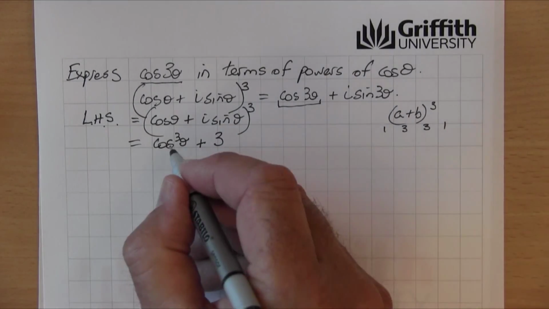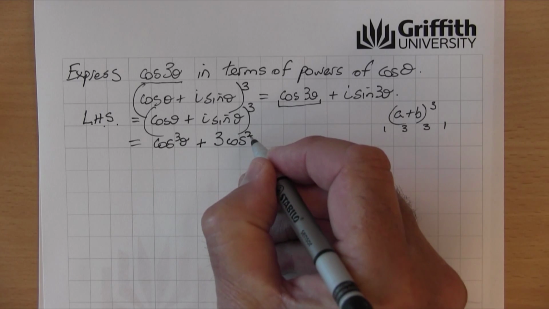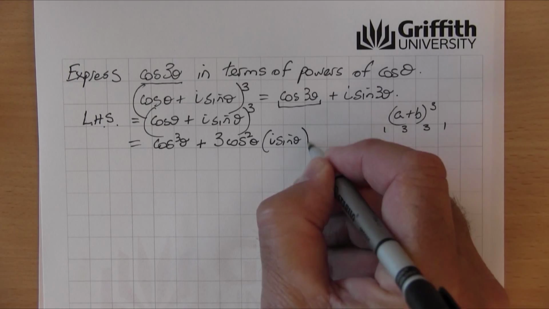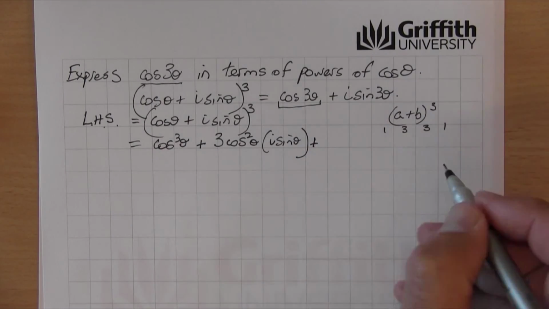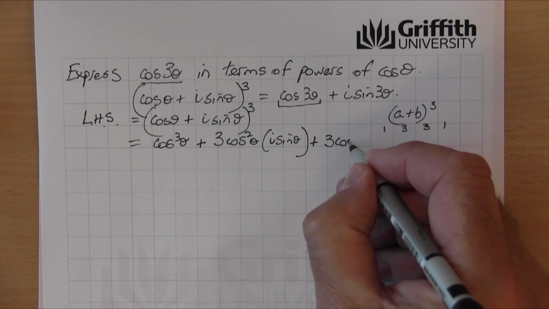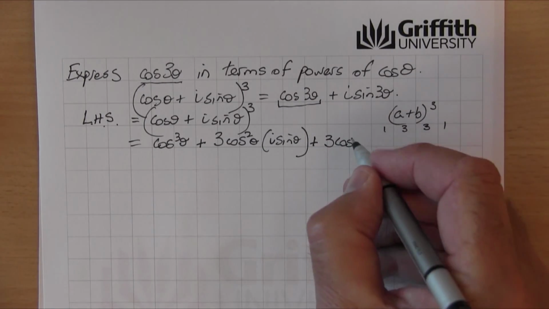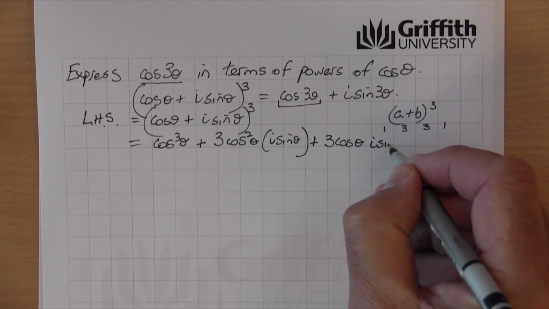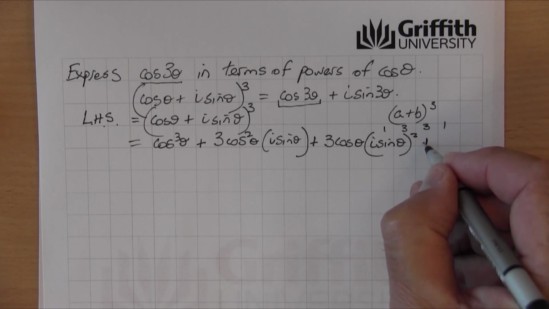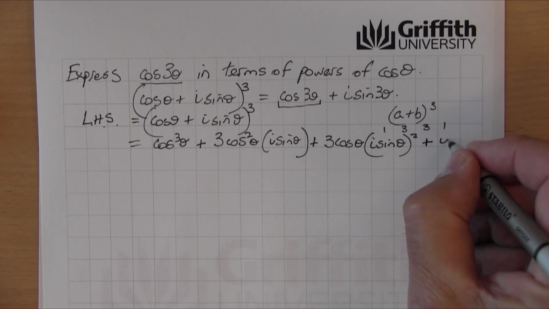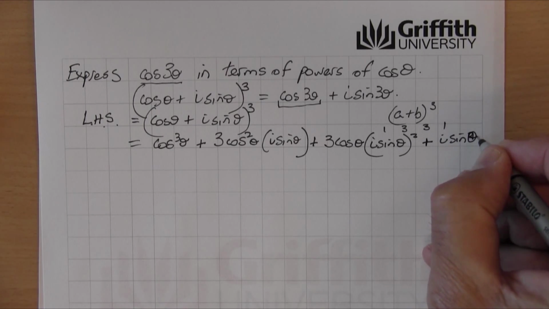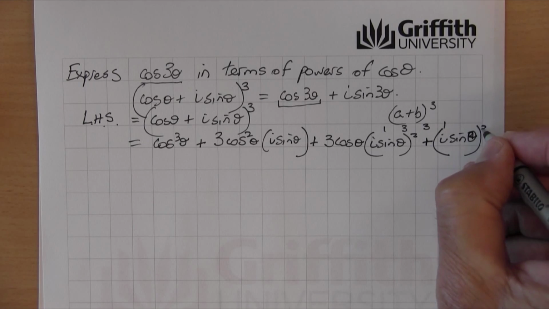Now we've got to go 3, powers here go down, cos squared theta, i sine theta, power 1, plus, next coefficient is 3, powers of cos are going down, so cos theta, (i sine theta) to the power of 2, plus, coefficient is 1, (i sine theta), all raised to the power of 3.